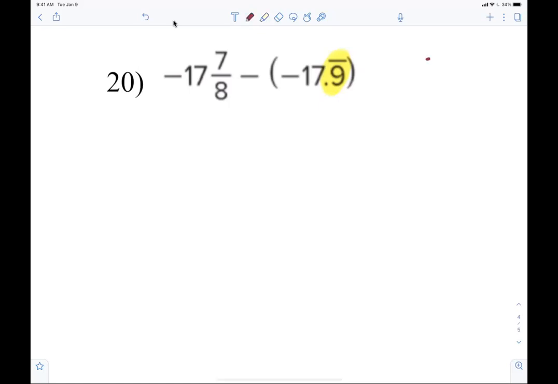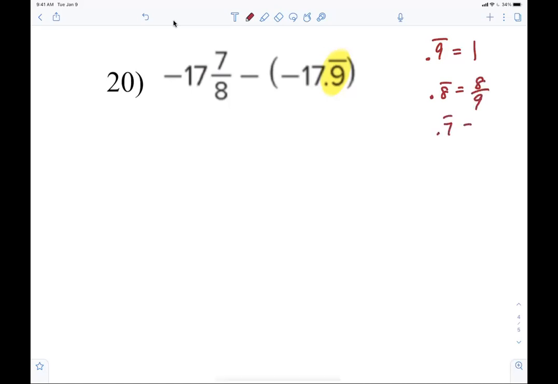Listen to me, really, really strange. I can prove that 0.9 repeating is the same as 1. That's very, very strange. We can prove that. We said 8 repeating was what fraction? 8/9.